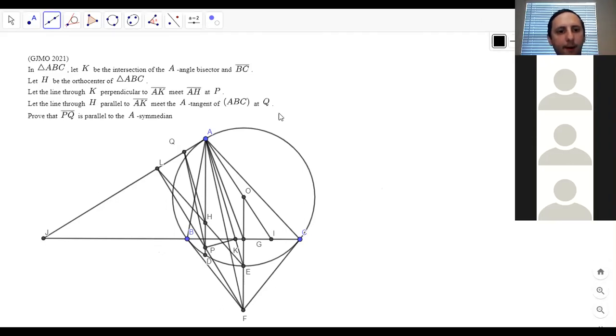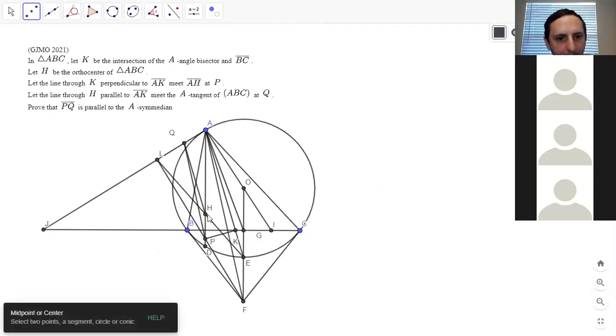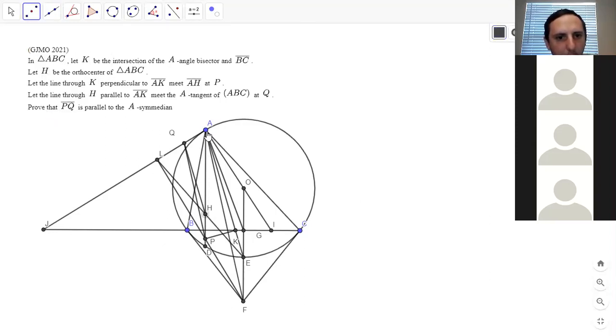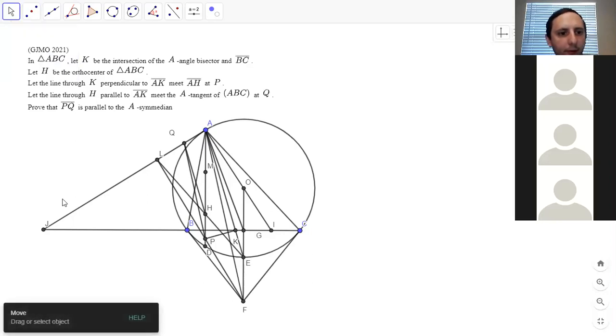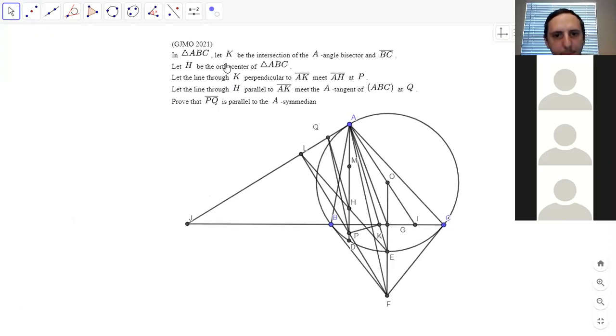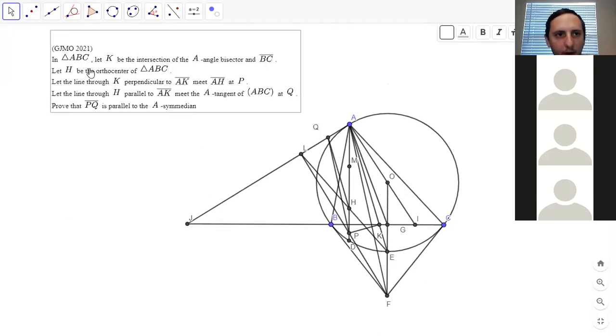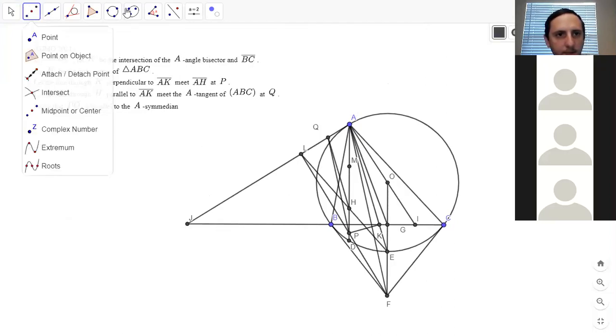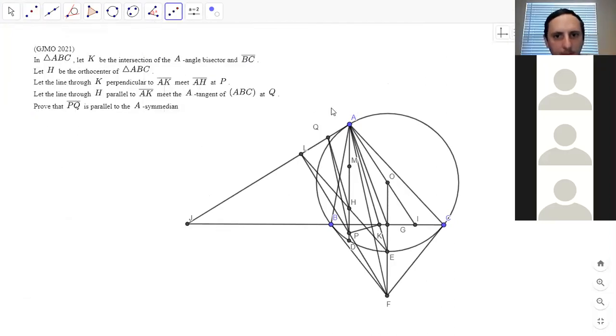Reflect A over J. Interesting. Yeah, I'll do that. So midpoint of AH is M, and then we want to reflect A over J. So it's all the way out here.